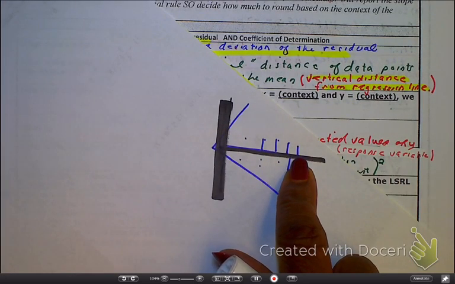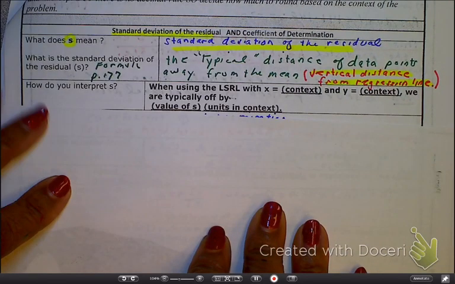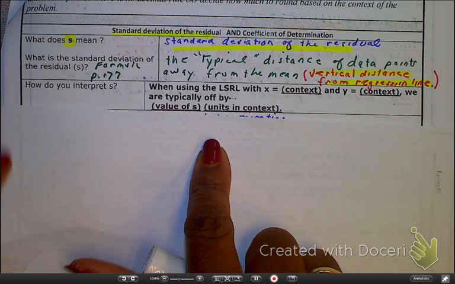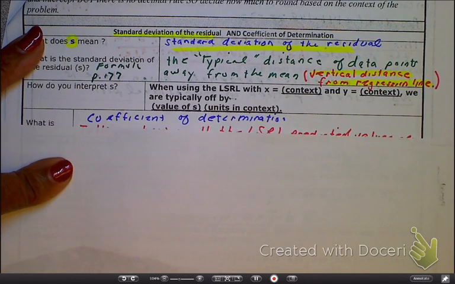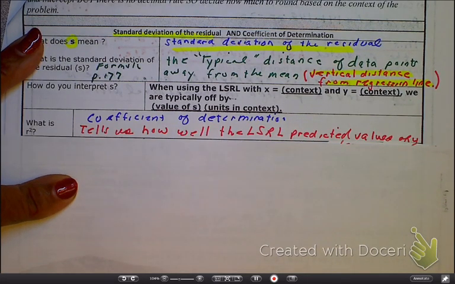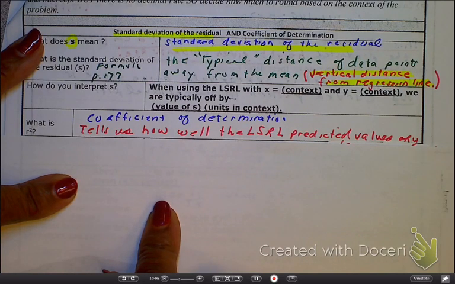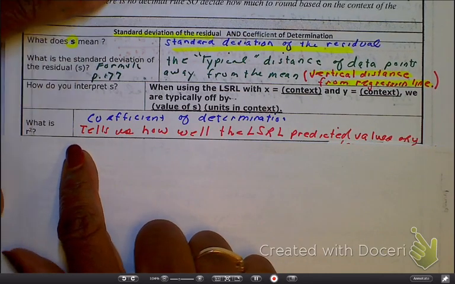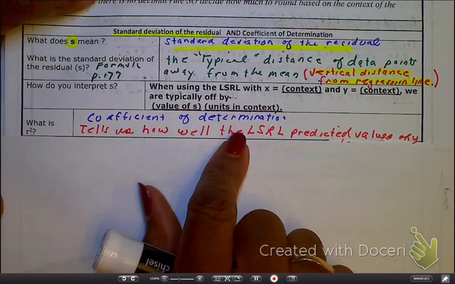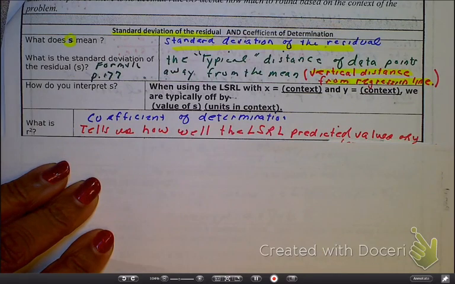And next I have here the interpretation, which we're going to work with in a few minutes. So I'm just going to continue to move on to something else that is extremely similar to the standard deviation of the residual, which is referred to as R squared and specifically called the coefficient of determination. And you know R squared just means you took the standard deviation and you squared it.